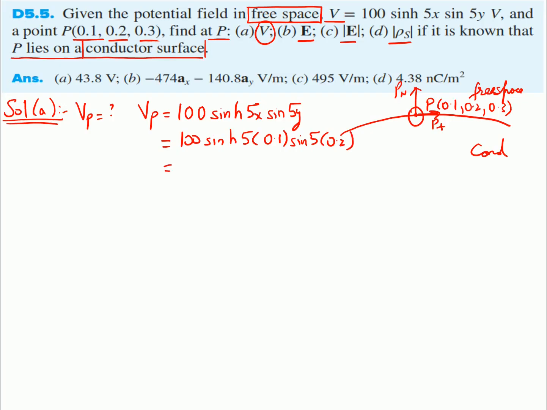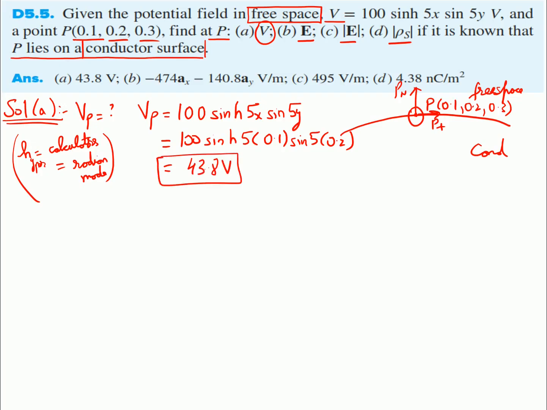So you solve this. Always keep in mind, when you are dealing with hyperbolic values, your calculators should be in radian mode just to get the answer. Once you solve this, you will get 43.8 volts. So this is the solution to the first part, that you find the value of V at point P.